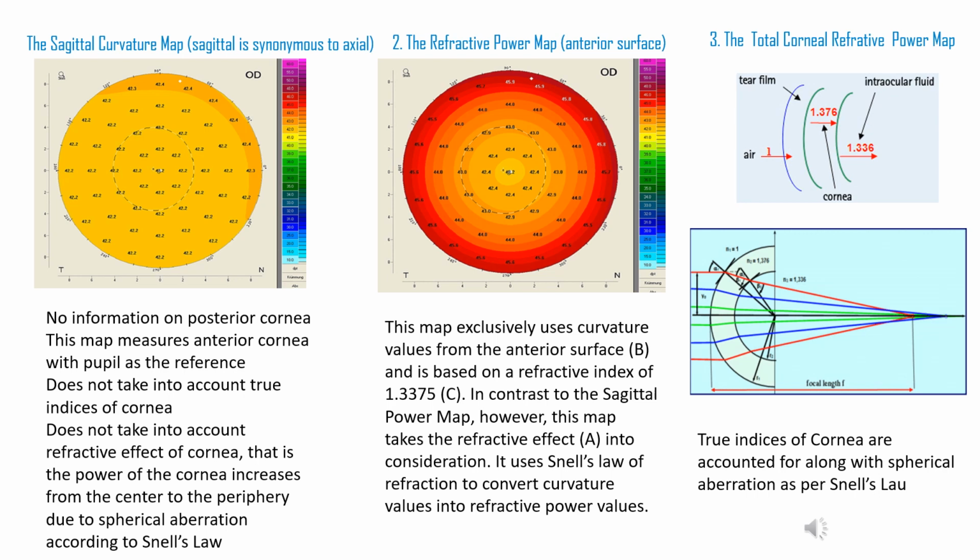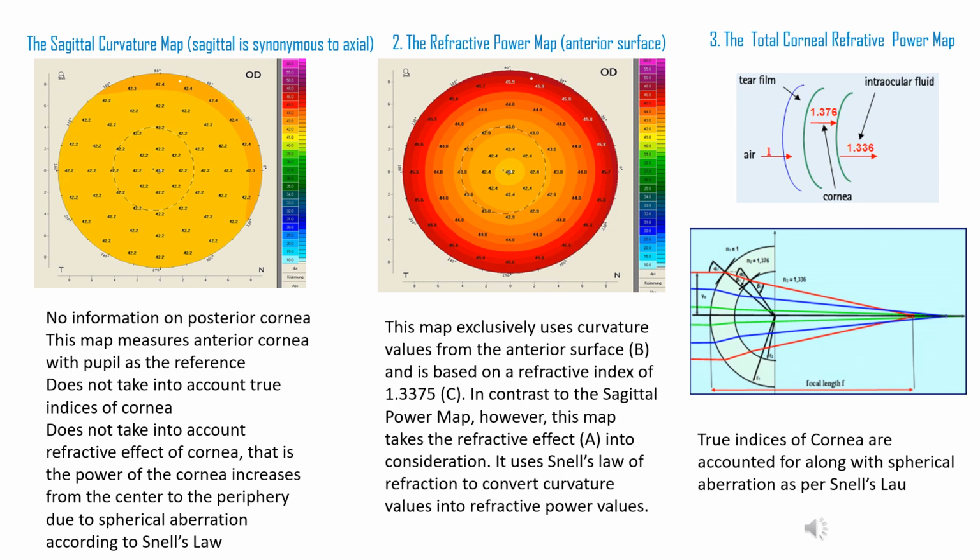The refractive power map is based on 1.3375 of the refractive index, which we know is a simplified corneal index value, which is not the true corneal index. However, they are only measurements from the anterior cornea. They do not take into account the posterior cornea, much like the sagittal curvature map.